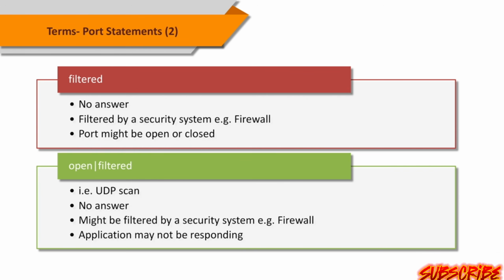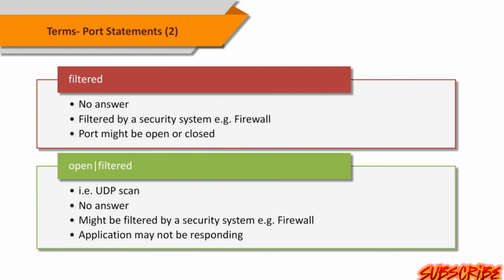On the other hand, if the destination system returns an unexpected response, again the port is considered to be filtered. If we get an ICMP unreachable response in a SYN scan, the port is flagged as filtered. Now, in some cases, the lack of a response may not necessarily mean that a port is filtered.